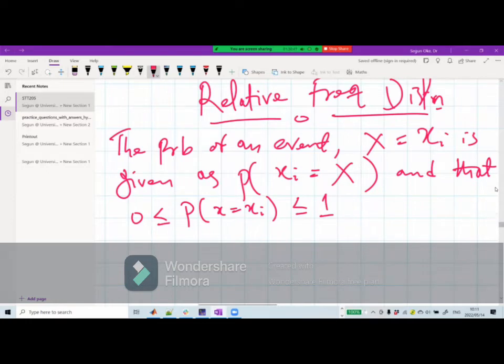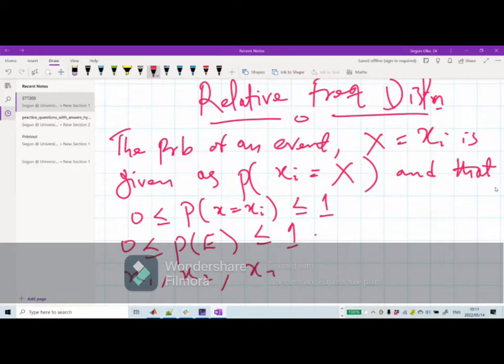So that's the first probability that I told us last week. And it's still the same thing as the probability of an event, probability of E less than or equal to 1. So the event can be S1, S2, S3 to Sn.